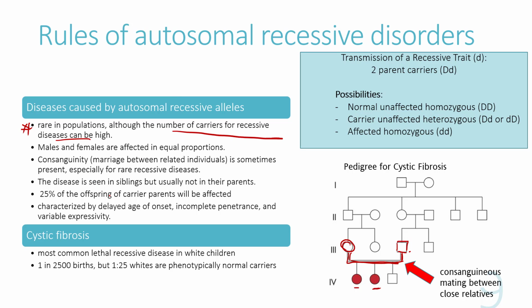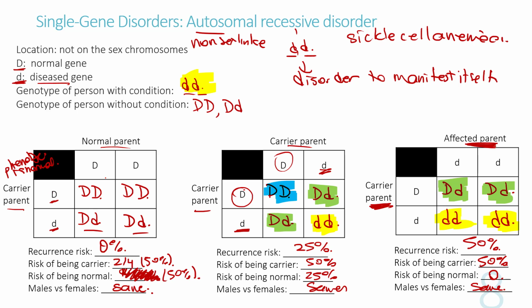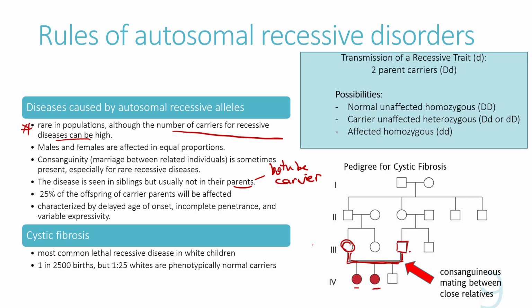Disease is usually seen in siblings but not their parents, because sometimes the parents can both be carriers and not have the disease. 25% of children of carrier parents will be affected. So again, if we go back, if you have two carrier parents, then you have a 25% chance of getting the disease.